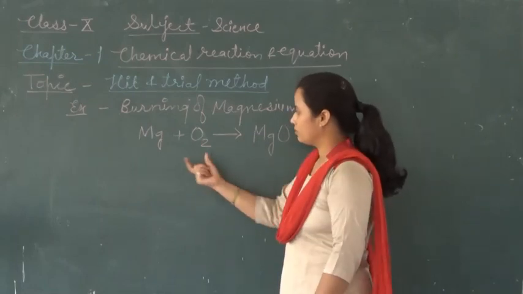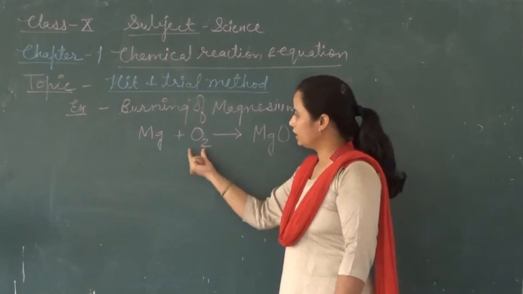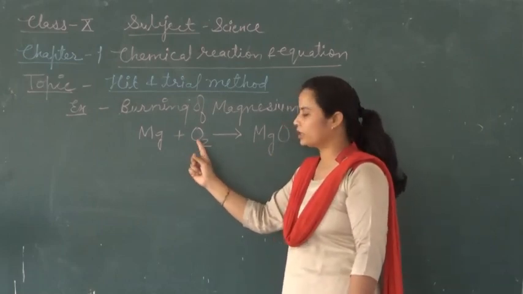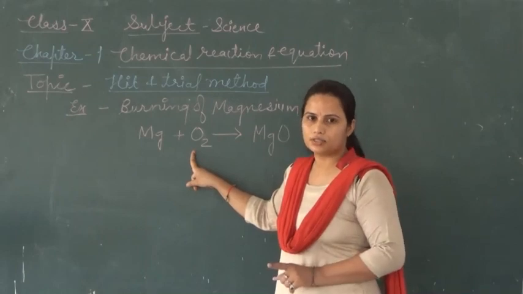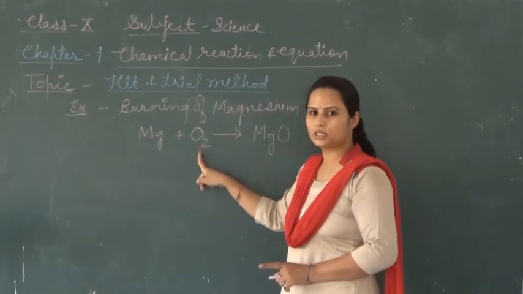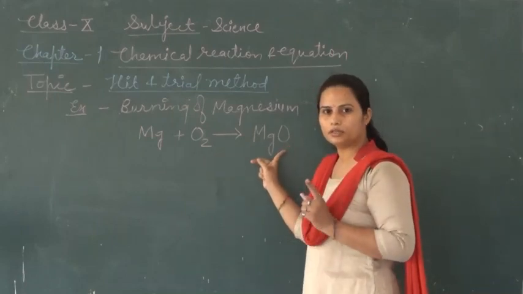First, balance both reactant and product. In the reactant, the number of atoms of oxygen is maximum, so let me start with oxygen. The number of atoms of oxygen on the left hand side is 2, and on the right hand side it is only 1.